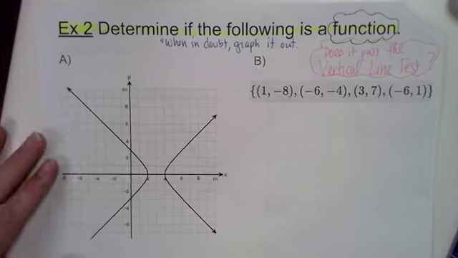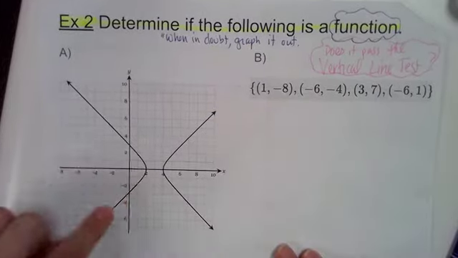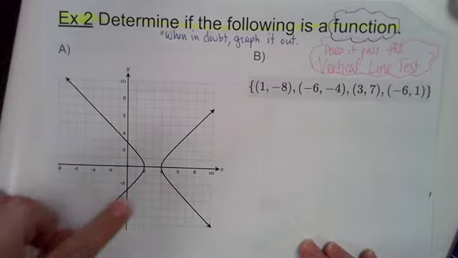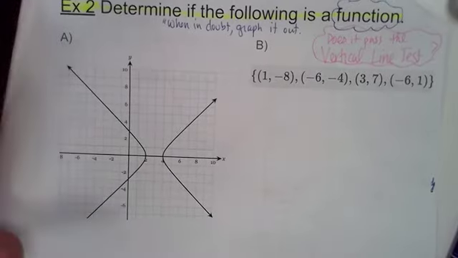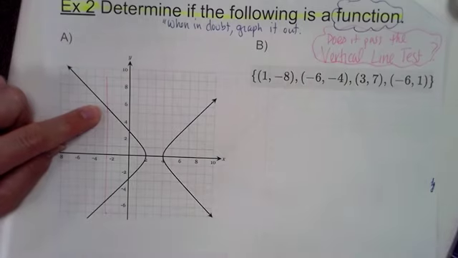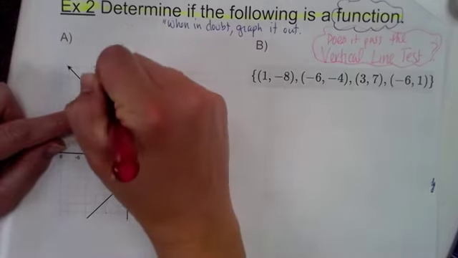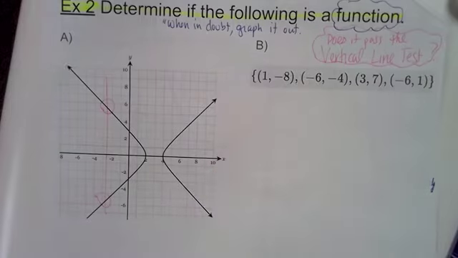So looking at this graph here, again, make a little sketch. It doesn't have to be beautiful, but just make a little sketch of this craziness here going on. And in order to know if it's a function, all I have to do is draw a vertical line somewhere. If I draw a vertical line on this particular curve, I see that it intersects my curve in 2 places. That is not allowed.